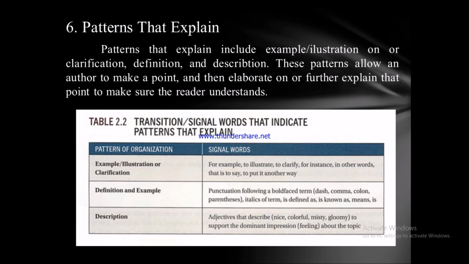Number 2, definition and example: punctuation following a boldface term, such as a dash, comma, colon, parenthesis, or italics; the term is defined as, is known as, means, is. Number 3, description: adjectives that describe, such as nice, colorful, misty, gloomy, to support the dominant impression or feeling about the topic.